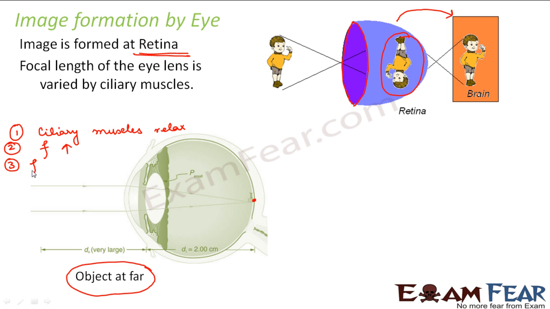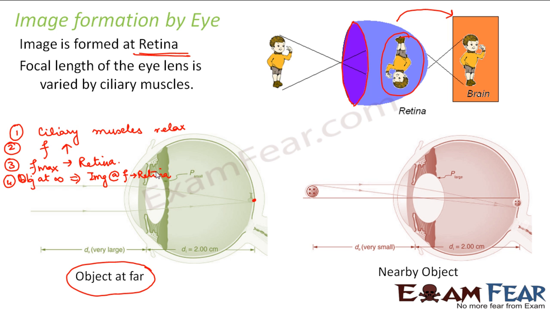So focal length will be maximum at retina, right? Now since the object is at infinity, therefore the image is at focus, right? And what is focus? Focus is nothing but retina. So therefore the image will be formed at retina.